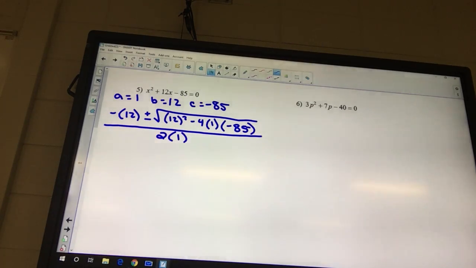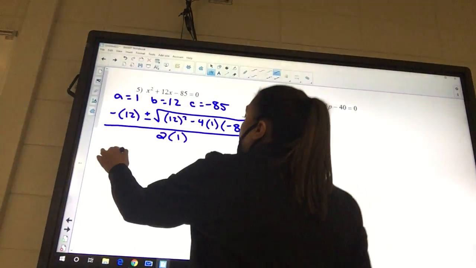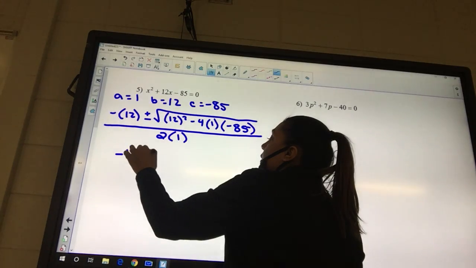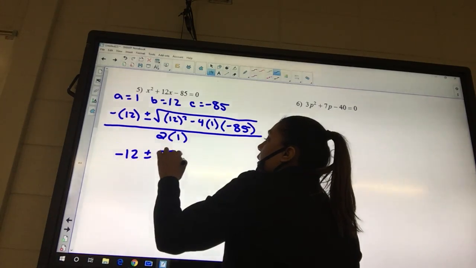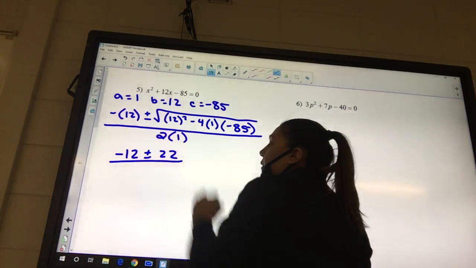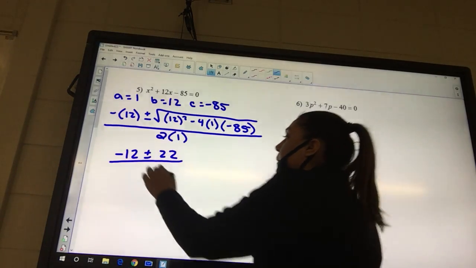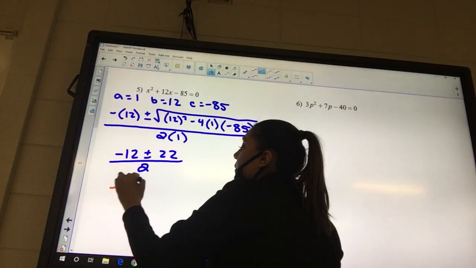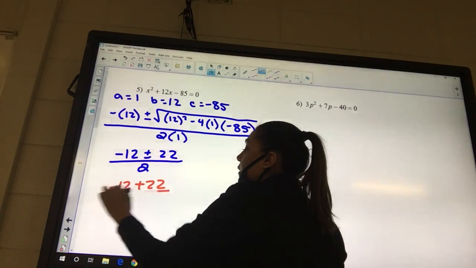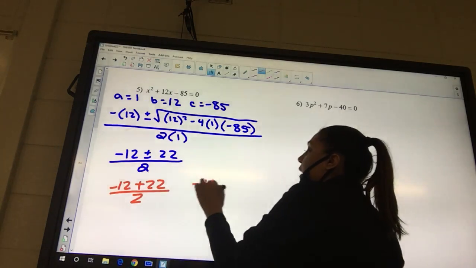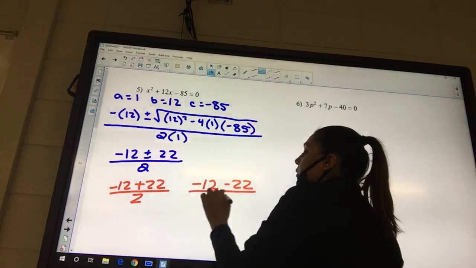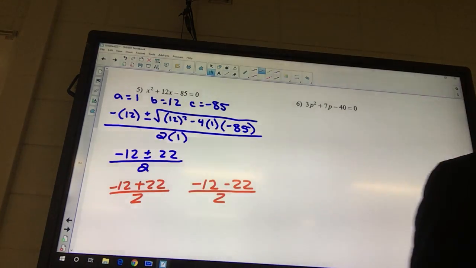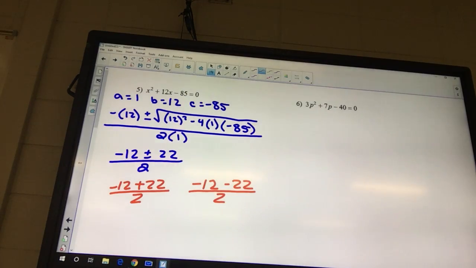So for the top part, you're going to get 22, so it's going to be negative 12 plus or minus 22 over 2. Now we can write it twice. You're going to have negative 12 plus 22 over 2, and negative 12 minus 22 over 2. See what you get for those fractions.